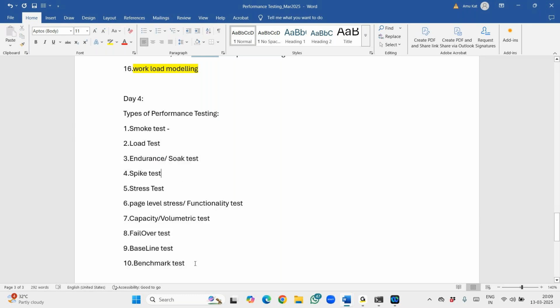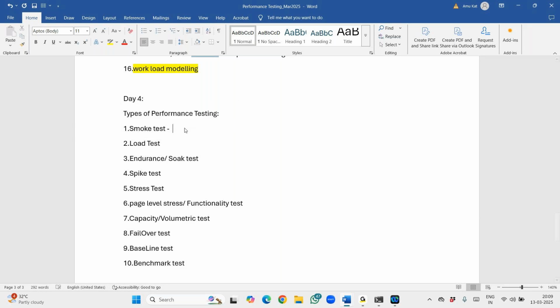No matter which type of testing you are performing, the very first basic test is the smoke test. For each and every performance testing, that should definitely be done first.